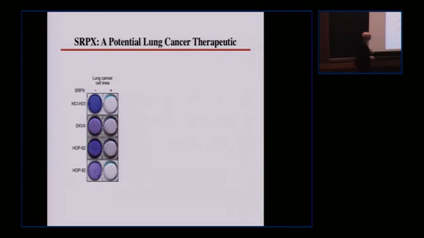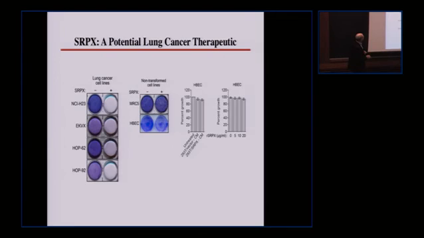This shows that recombinant SRPX can efficiently kill a variety of lung cancer cells that are in the NCI 60 panel. By contrast, it does not kill non-transformed cell lines like immortalized human bronchial epithelial cells or MRC lung fibroblasts.